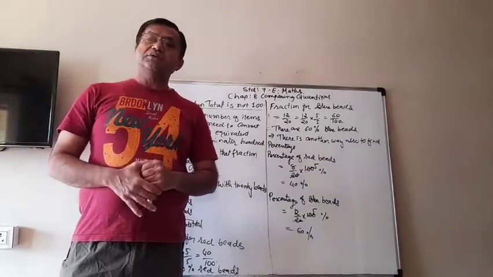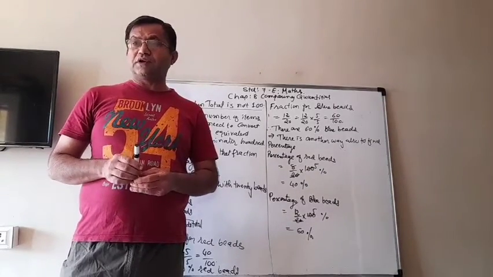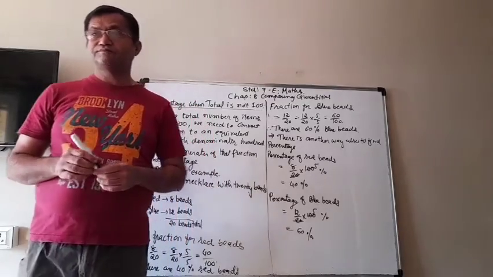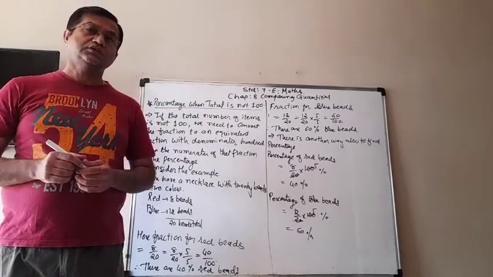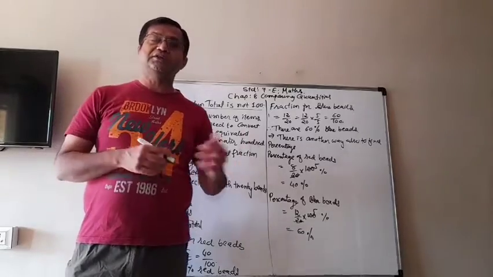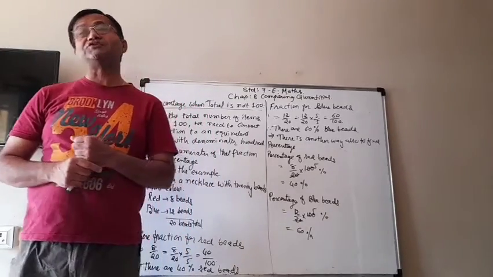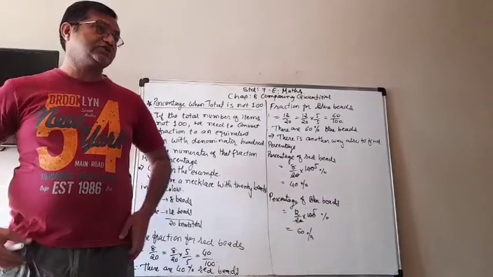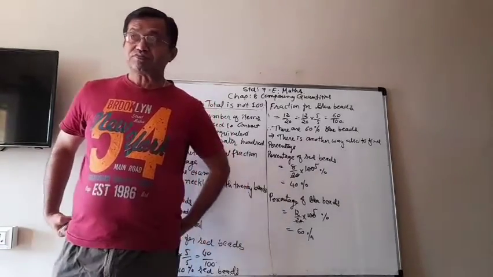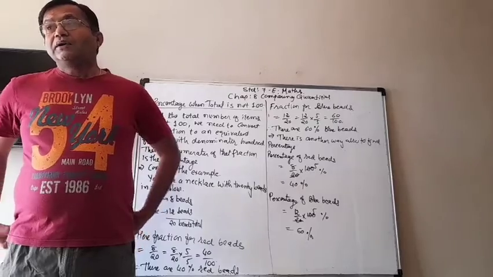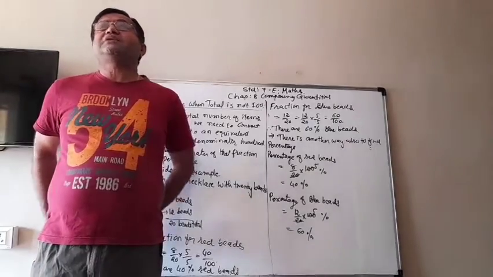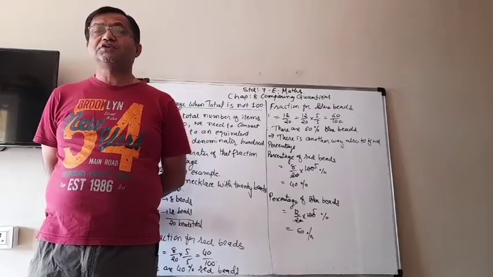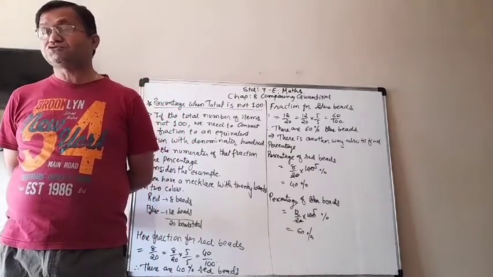In the beginning we learned about ratio, equivalent ratio, and how to find the required answer by using the ratio, how we can compare two quantities. In the last session we learned another way of comparison, that was using percentage.